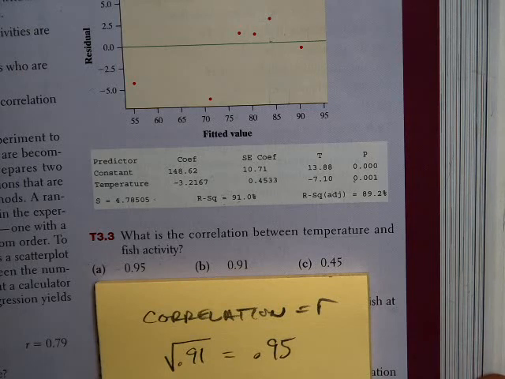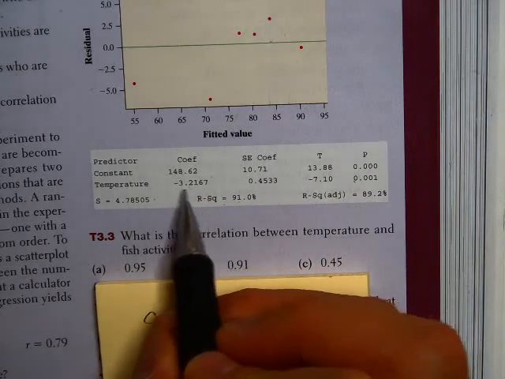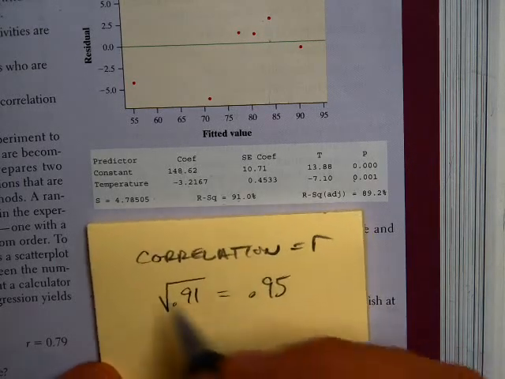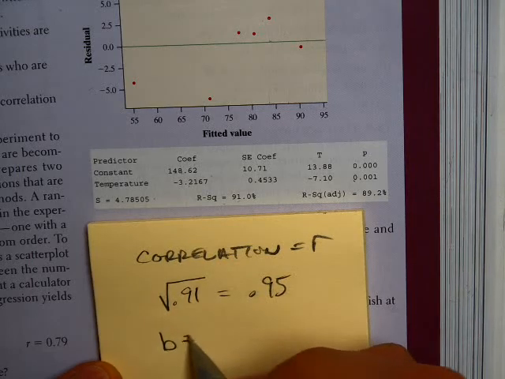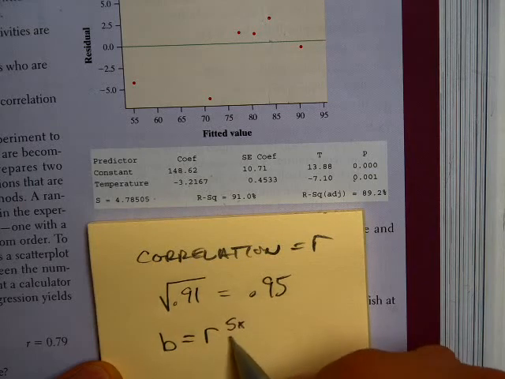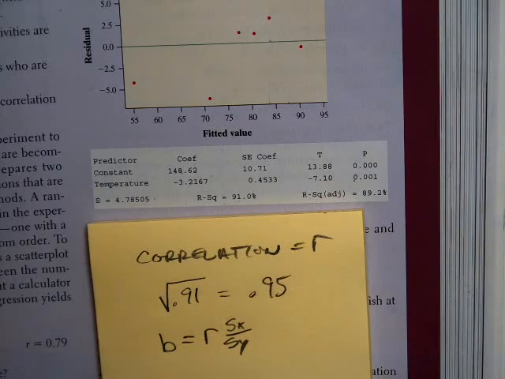It's not A. What you have to take into consideration is, was that r positive or negative? We don't know that unless we look at something else, and that hint comes in the slope. So the slope is negative. Now, if I go back to this formula that we learned the other day, b equals the slope equals r times s sub x over s sub y. One of the things that I love about stats is every year I learn something new, or I clue into something new, or I get it at a different level.